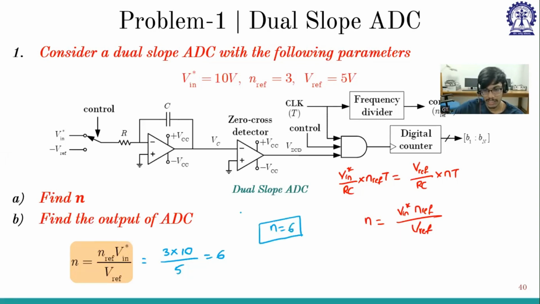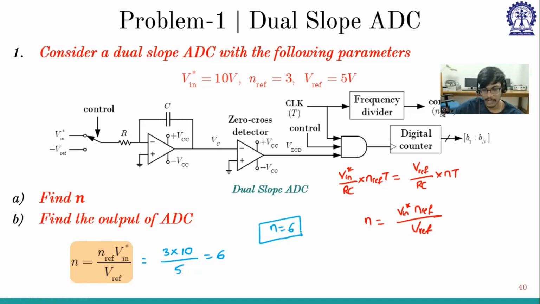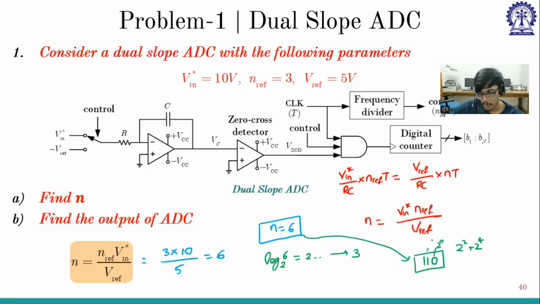How many bits are needed to realize this number 6? I will get log 6 to the base 2, which will be 2 point something, so I need 3 bits. If I implement this in bit form, it will be 110, because this is 2 to the power 0, this is 2 to the power 1, and this is 2 to the power 2.